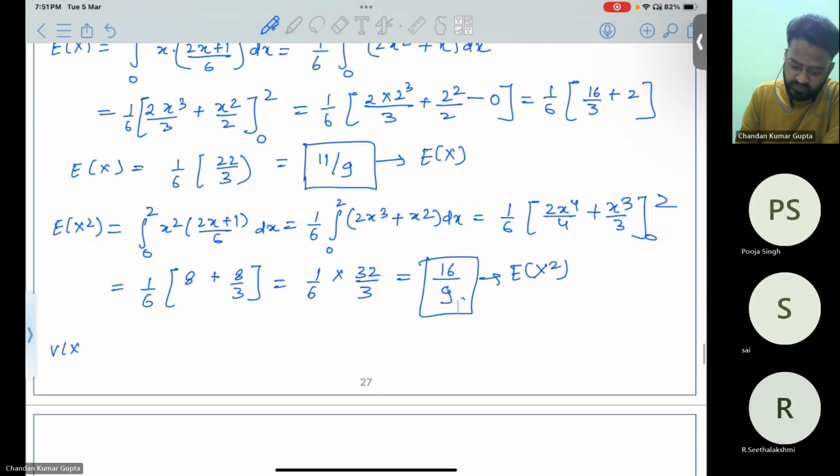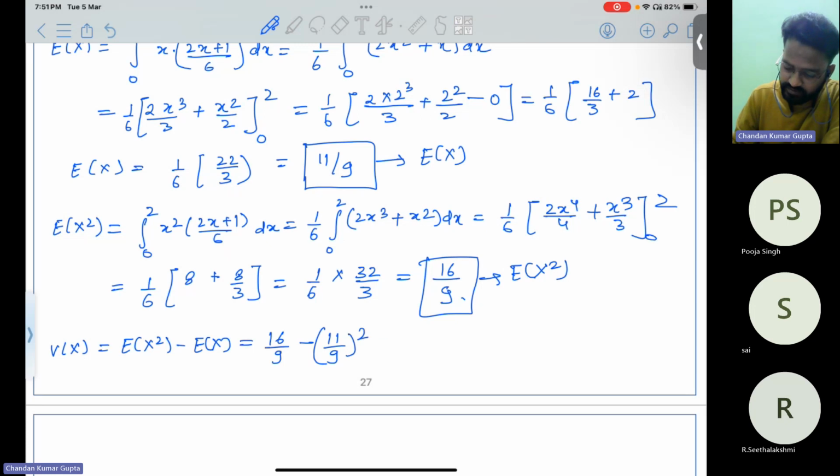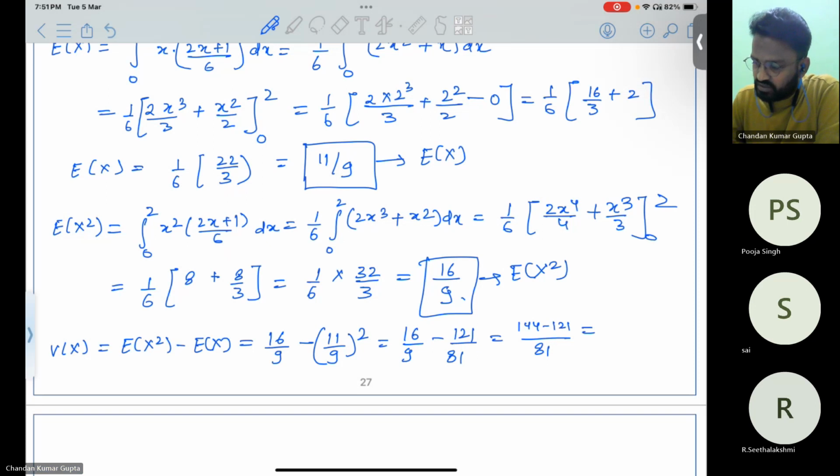Now variance of x is expected value of x square minus expectation of x squared, which is 16 upon 9 minus 11 upon 9 square. That is 144 minus 121 over 81, which comes out to be 23 upon 81. This is the variance of x.